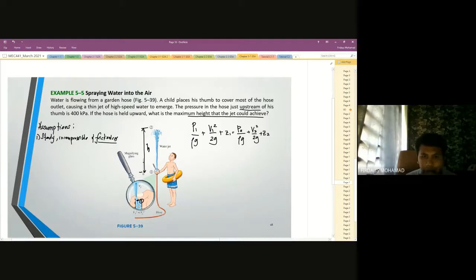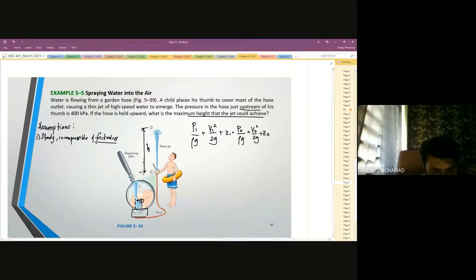So pressure 1 tak boleh cancel out. Okay, V1 ada tak? Tak. V1 ni just dekat sini, so dia bagi hint kat sini. V1 squared ataupun V1 is much smaller than V2 yang keluar ni.